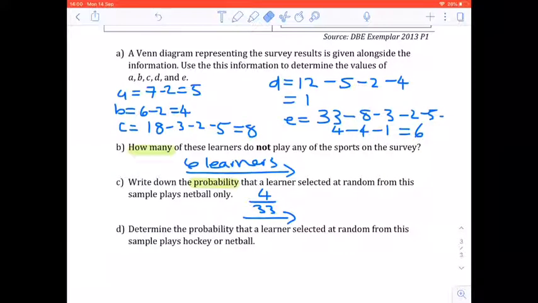Okay, our last question for this. Determine the probability that a learner selected at random from the sample plays hockey or netball. So the key here is or. It's not asking and, so it's not asking for a small piece. Or means that it's quite broad. So let's look at the diagram.